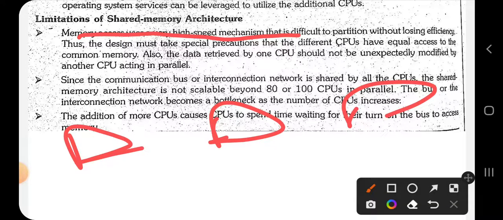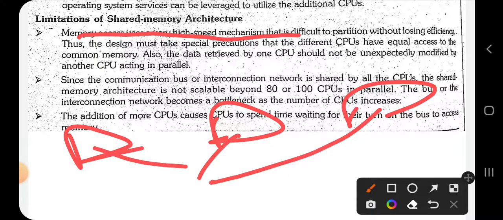The speed at which they access the data should be planned in such a manner that it does not reduce the efficiency. And different CPUs have equal access to the common memory. Every system accessing the data has equal access to the common memory.